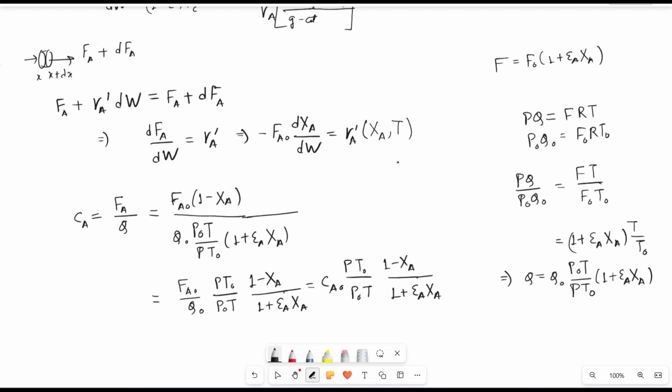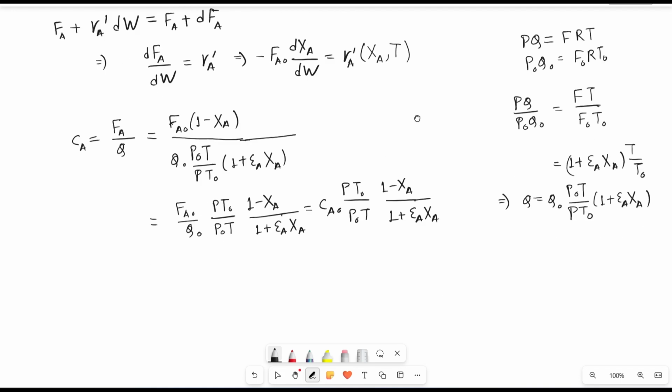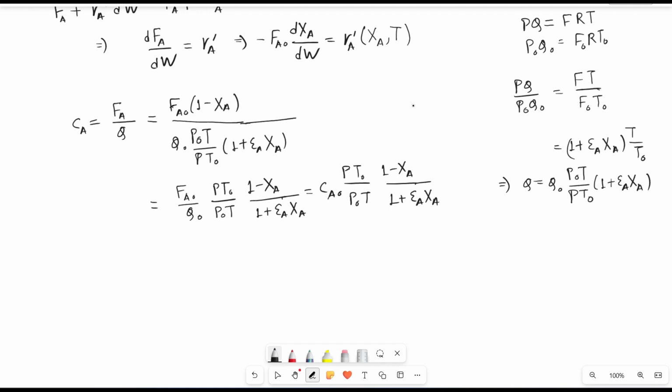Now if you see the expression, I have written that minus Fa naught dXA by dW is equal to Ra prime. Now the reaction rate depends on concentration CA, Ra is a function of concentration CA.